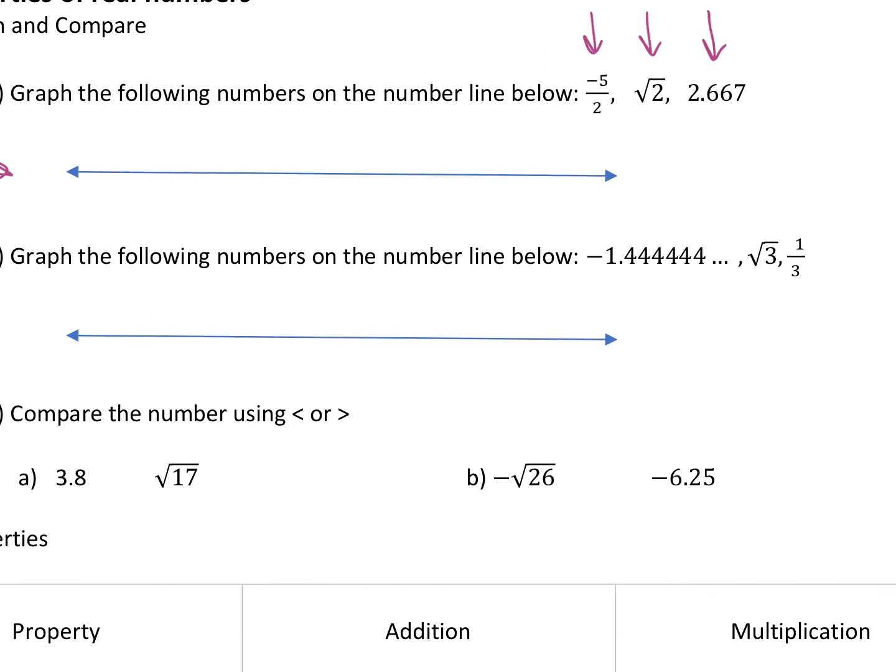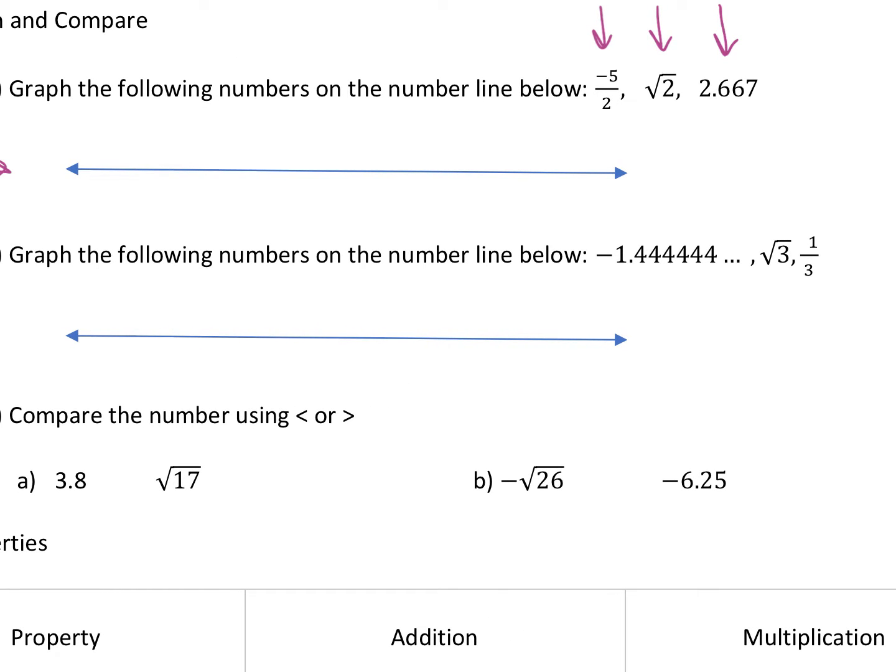You may plug it into your calculator if you're not sure. Yeah, -2.5. You would plug in -5 divided by 2, right? So -5 divided by 2, that would be a -2.5.